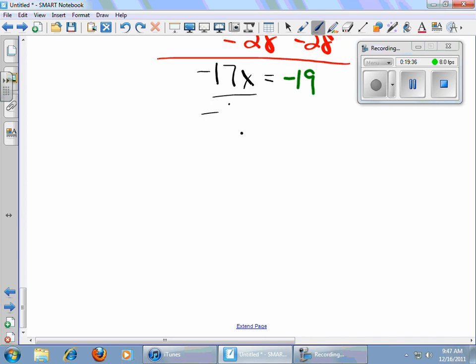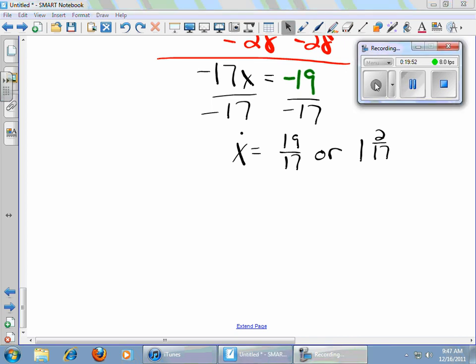So I'll divide by negative 17, and I'll get x equals 19/17, or 1 2/17. Those are kind of ugly numbers to work with. So I might go ahead and use a decimal in this case because 2/17 just is an ugly fraction.